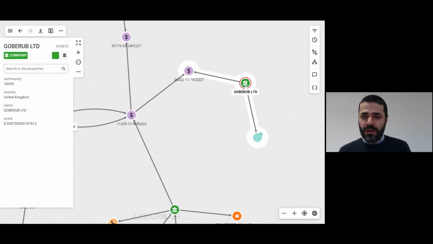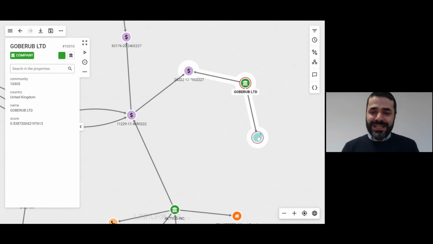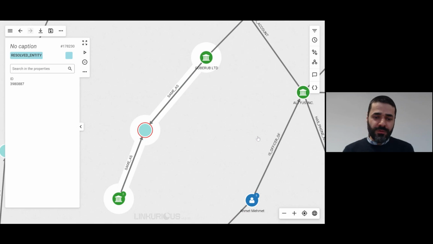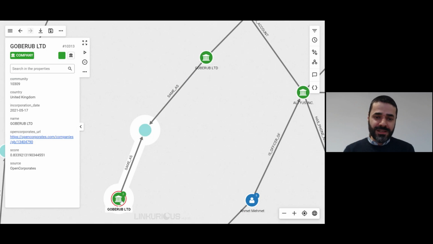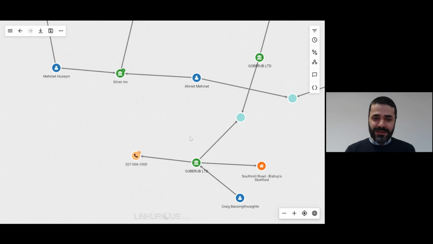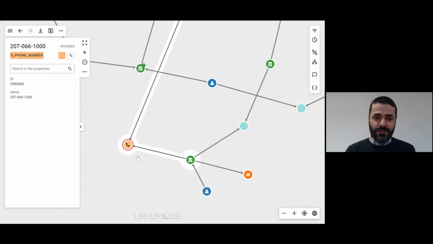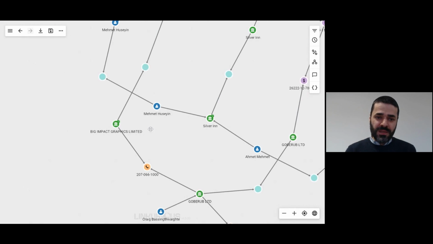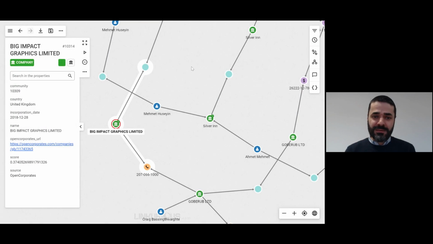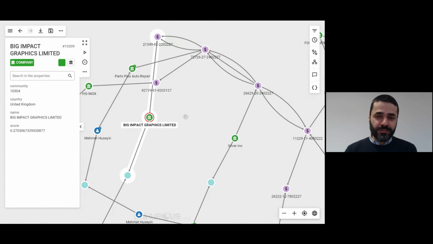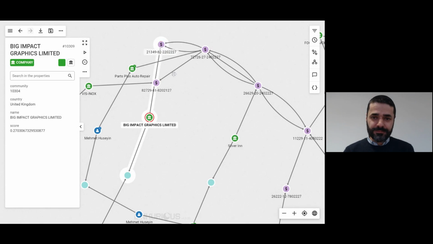So, for example, Gobert Hub Ltd. It's been identified as a potential match with another company called Gobert Hub Ltd. And interestingly, this company seems to share a phone number with Big Impact Graphics Limited, which has been identified as a duplicate of this company.